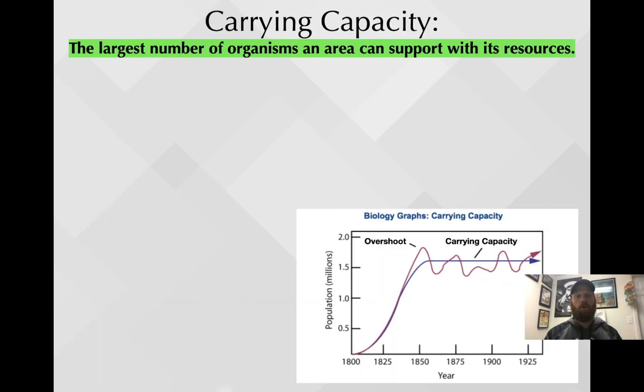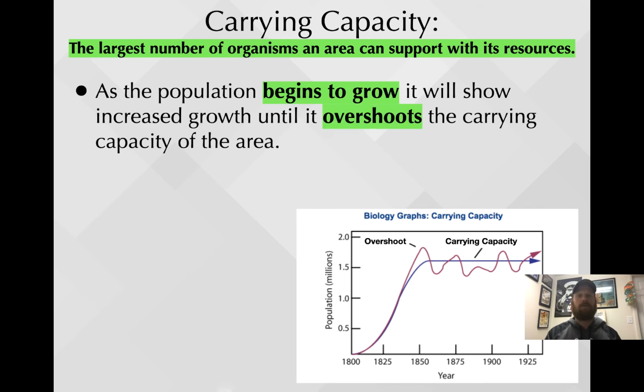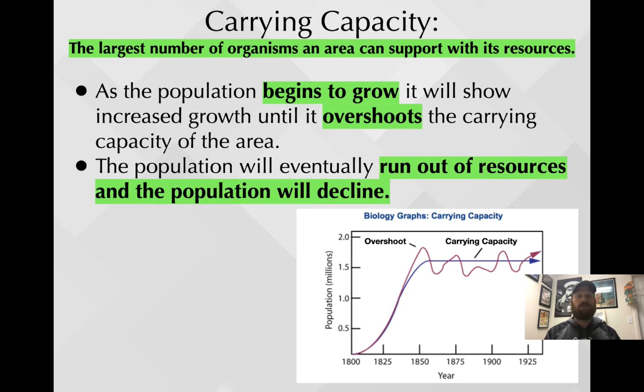Each biome or ecosystem has a carrying capacity. Carrying capacity is the largest number of organisms a biome or ecosystem can support with its available resources. In any biome or ecosystem, a population of organisms will grow steadily until it overshoots the carrying capacity. In other words, more organisms exist in that environment, and the available resources are insufficient in supporting that population of organisms.